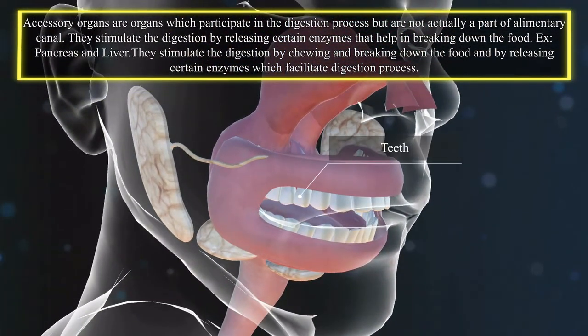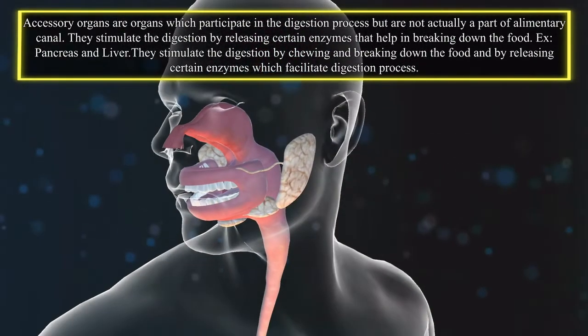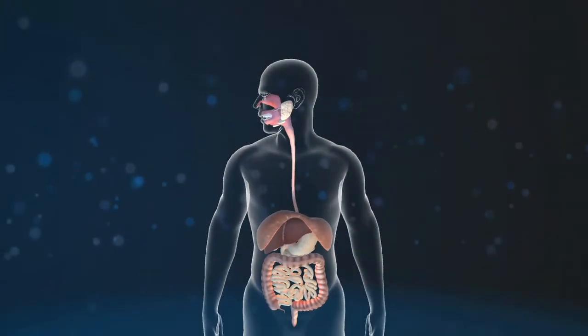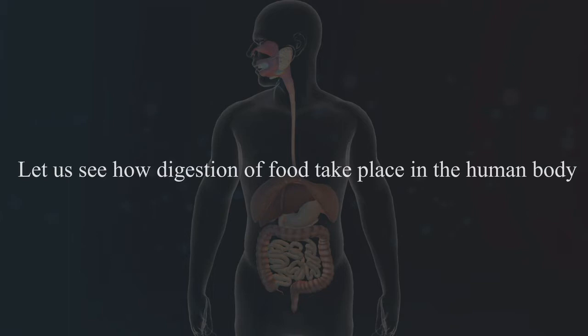They stimulate the digestion by chewing and breaking down the food and by releasing certain enzymes which facilitate digestion process. Let us see how digestion of food takes place in the human body.